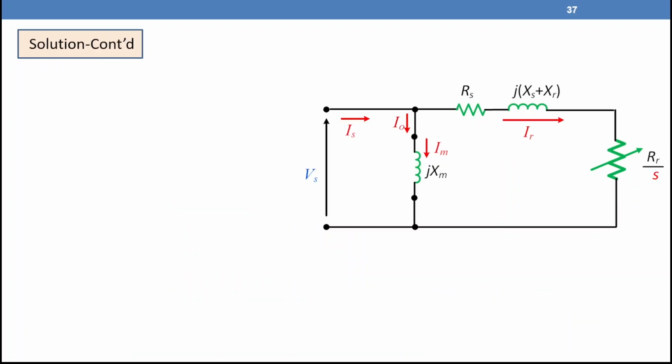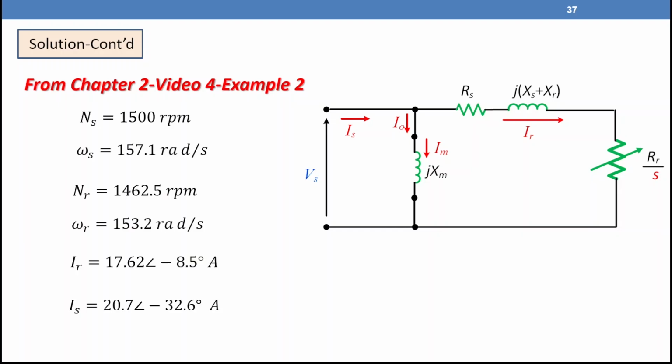As I mentioned, we are going to use the first approximate equivalent circuit. To calculate the power and torque, we need the rotor current, stator current, and at the same time synchronous speed and rotor speed. From Chapter 2, video number 4, example 2, we have the same parameters, same voltage, same frequency, so we are going to use those values as a starting point rather than repeat another video.